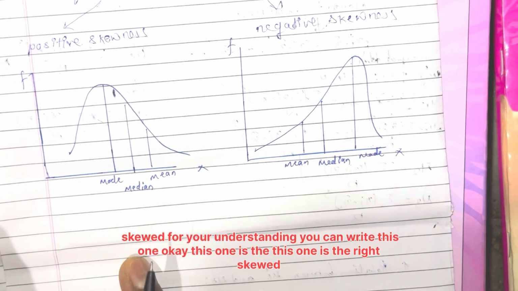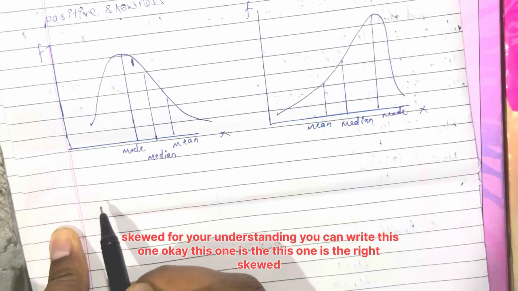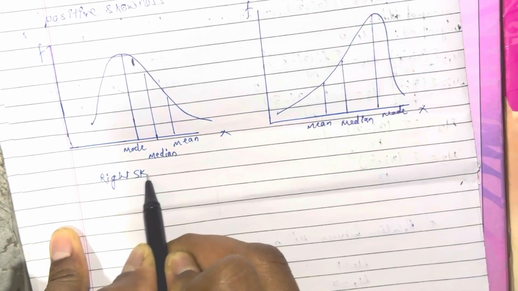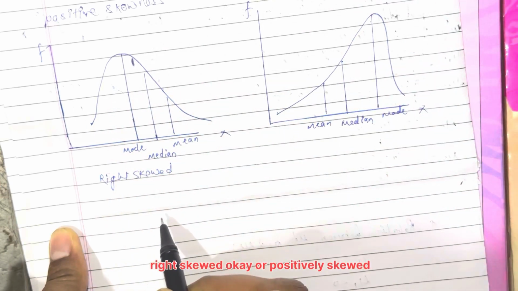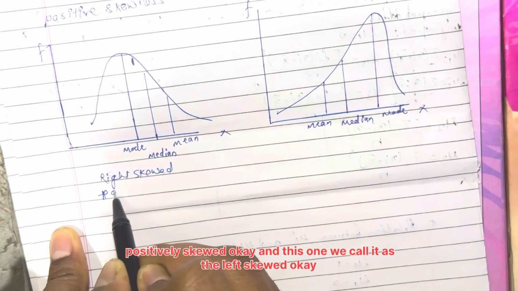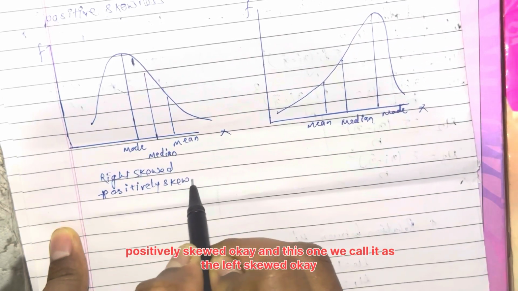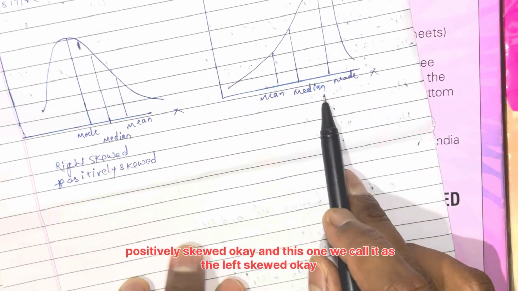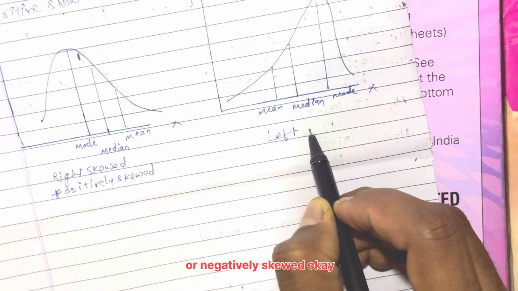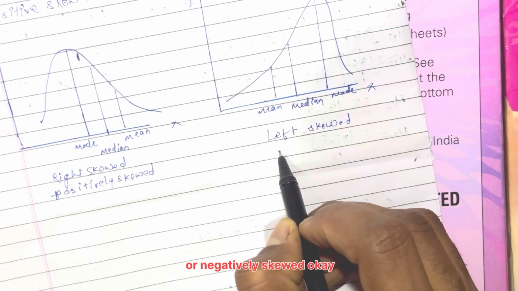For your understanding, you can write this one. This one is the right skewed, or positively skewed, and this one we call it as the left skewed, or negatively skewed.